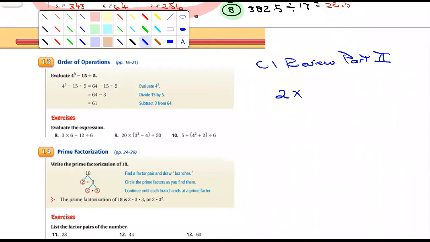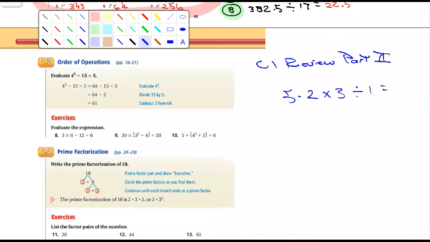So in a simple problem like that, 5 subtracting 2 times 3 divided by 1, what would you do first?